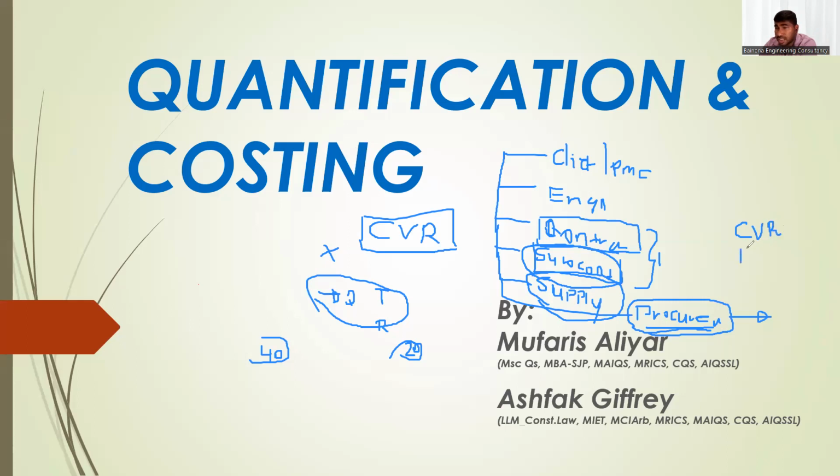The other one is earned value management. Somebody uses a cash flow forecast. That is also one kind of cost controlling tool. We will look into that in detail later when it comes to commercial management.